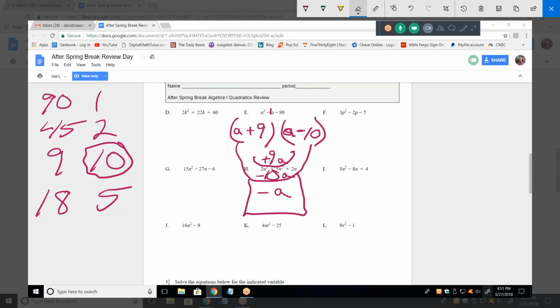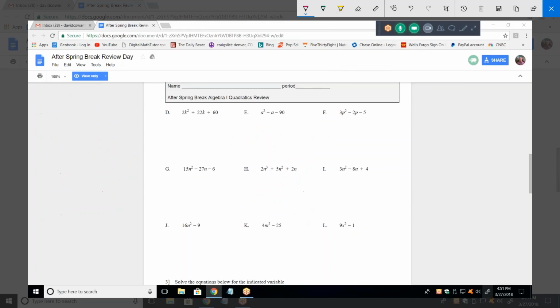I tell you what, this is a good place to stop, because that is a second degree quadratic, and it's not a 1. If that's a 1, they're always simple quadratics.